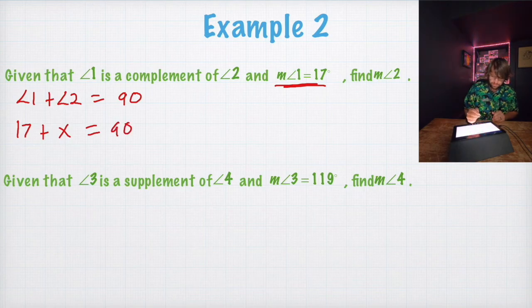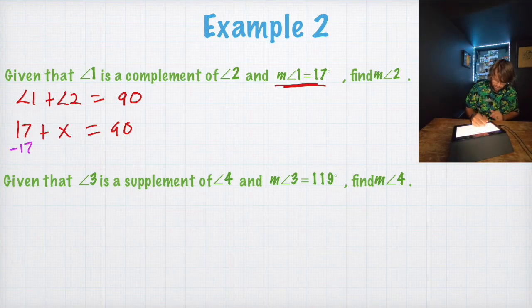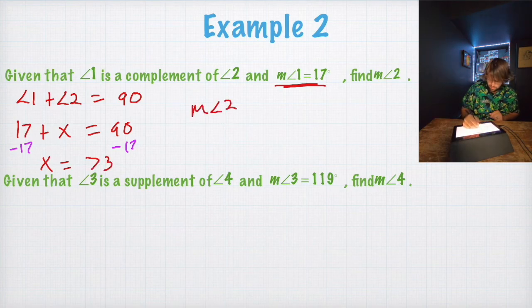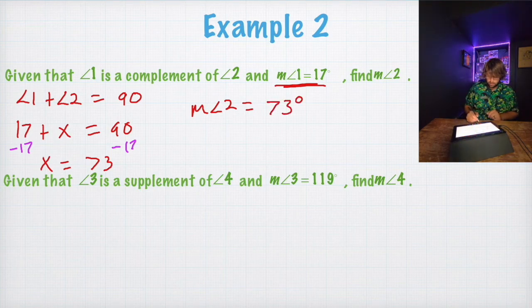And they add up to equal 90 degrees. Well, now we can solve for the measure of angle 2 by subtracting 17 from each side. Okay? Now we can say that x is going to equal 90 minus 17, which gives us 73. Okay? So the measure of angle 2 equals 73 degrees.